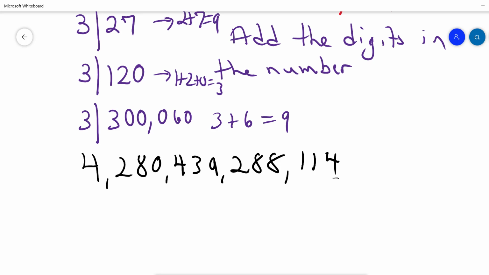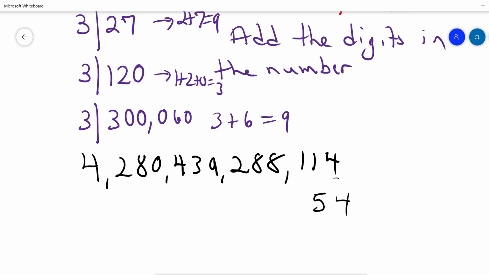Let's add. 4 plus 2 is 6. 6 plus 8 is 14. 14 plus 0 is 14. 14 plus 4 is 18. 18 plus 3 is 21. 21 plus 9 is 30. 30 plus 2 is 32. 32 plus 8 is 40. 40 plus 8 is 48. 48 plus 1 is 49. 49 plus 1 is 50. 50 plus 4 is 54.